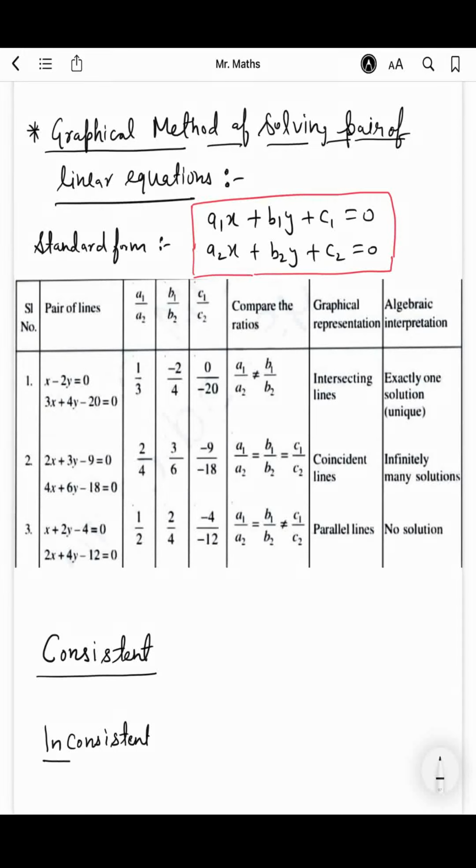So this lesson is more about understanding what is consistency and inconsistency of a pair of linear equations. If a pair of linear equations has a solution, then we say that the system of linear equations is consistent. So for being consistent, there must exist a solution of the pair of linear equations.